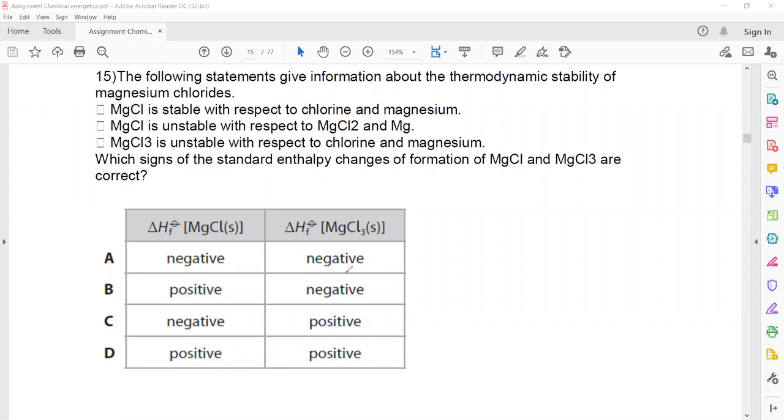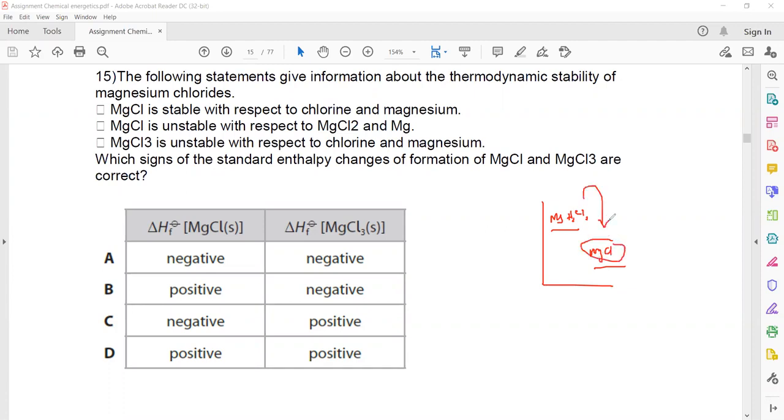So MgCl is stable. If MgCl is stable, it means the reaction should be exothermic, because when a compound is stable, the reactant will have more energy and the product will have less energy. When magnesium and chlorine react, they form MgCl, and MgCl is stable, which means it will have low energy.